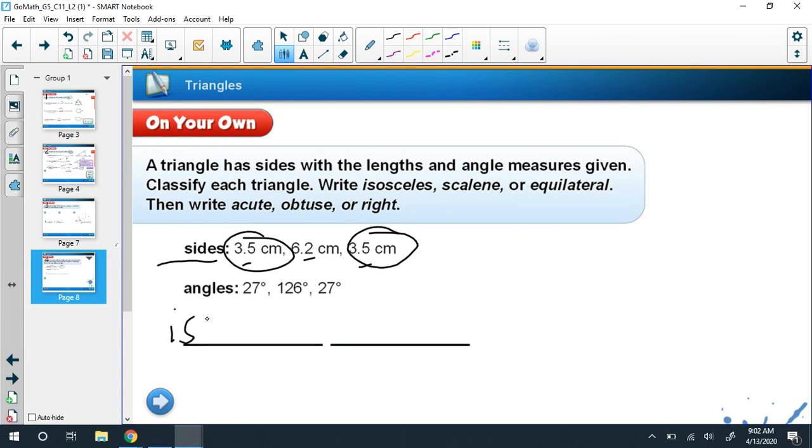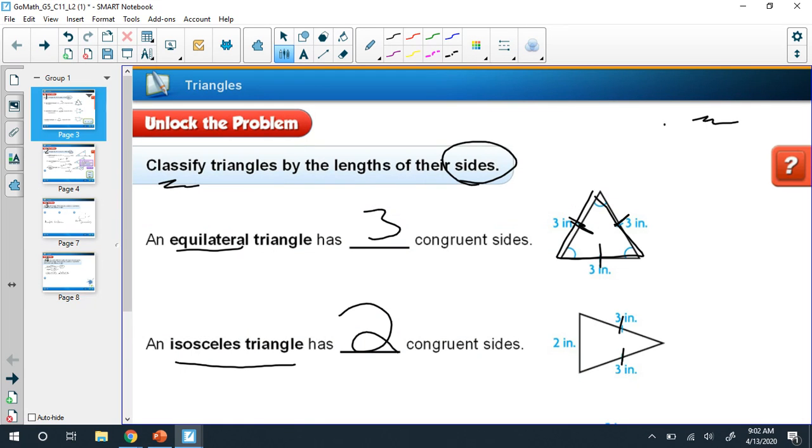So again, we know that this one is isosceles. Now I look at my angles. 27 less than 90. 126 is greater than 90. I don't have to go any further. I know that this one is going to be obtuse. So again, really fast.